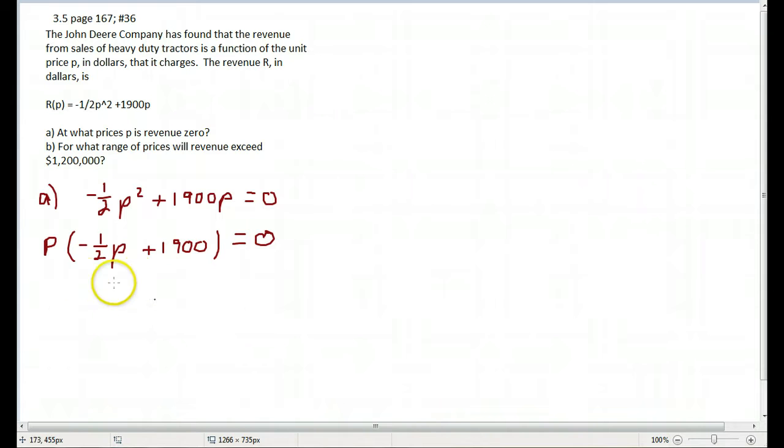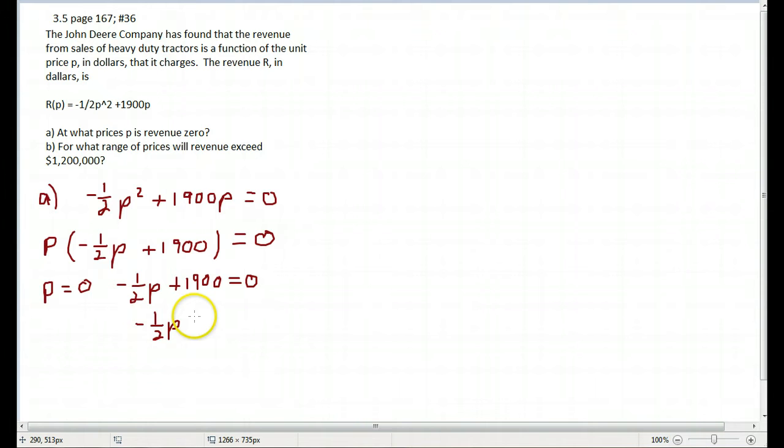Well, next step is we set each factor equal to 0 and solve for P. So P equals 0. That one was easy. And then negative 1/2 P plus 1900 equals 0. Our first step is we subtract 1900 from each side. So negative 1/2 P equals negative 1900. Then we're going to multiply by the reciprocal of negative 1/2, which is negative 2/1.